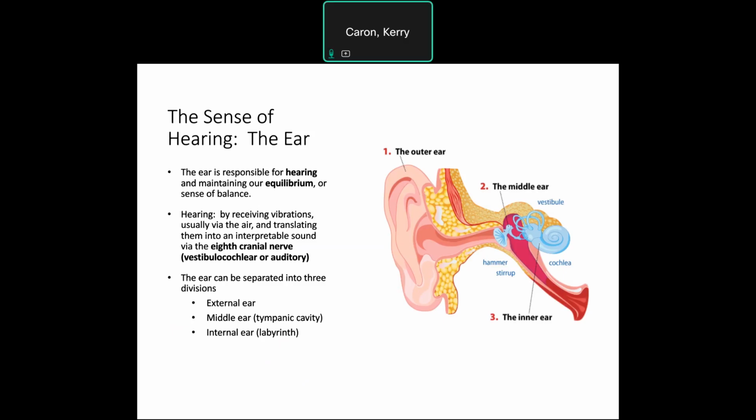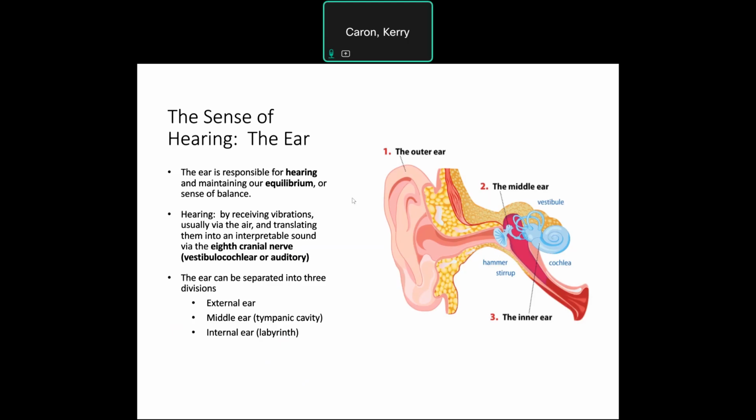So vibrations through the air come through the outer ear into the middle ear and become translated into nerve messages, and we interpret the sound. And that is the 8th cranial nerve that does that. It's the vestibulocochlear or auditory nerve.